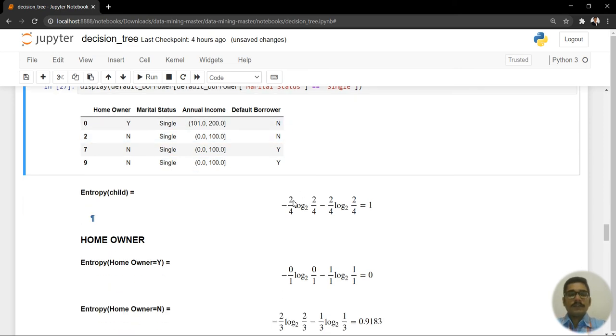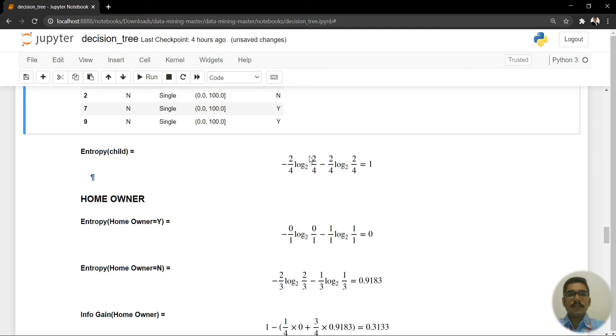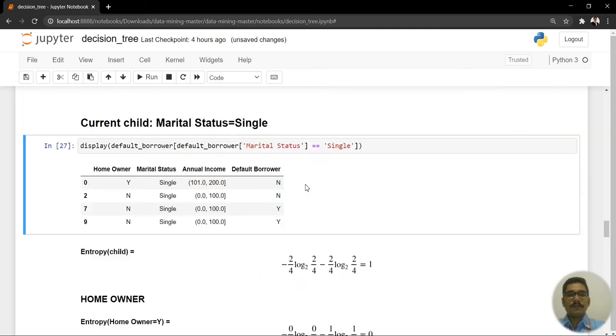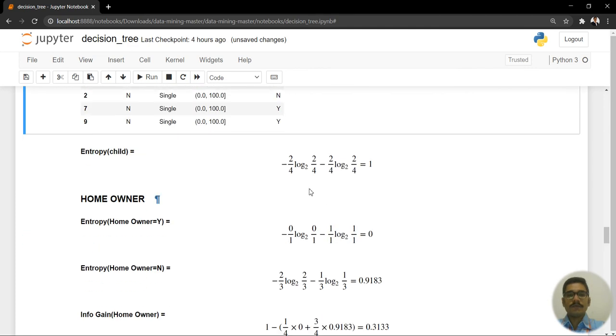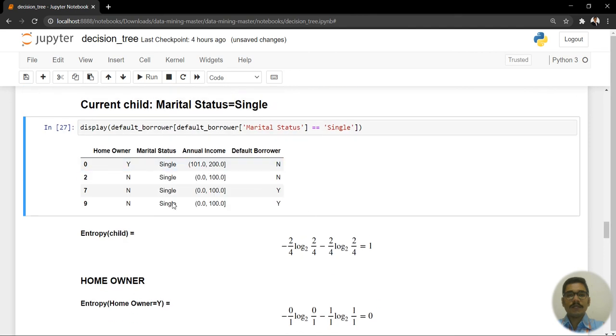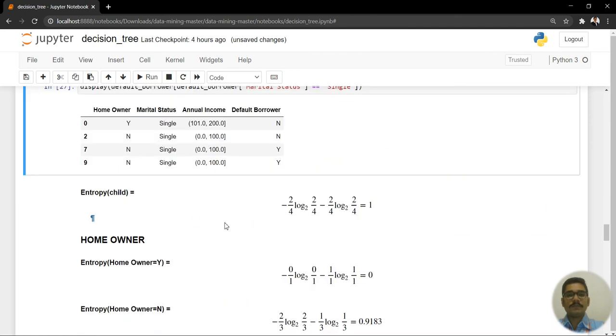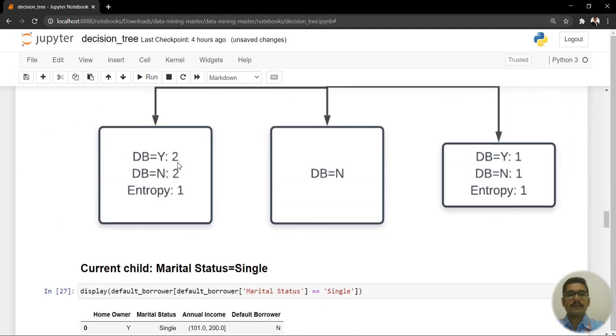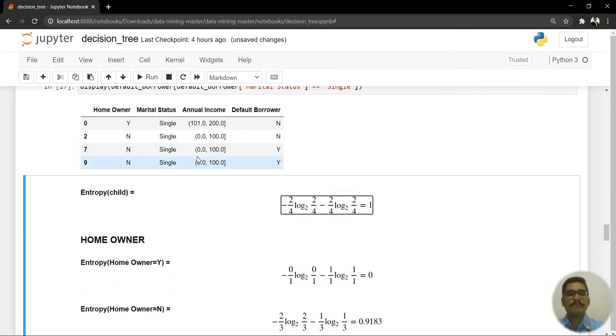So accordingly, we have to calculate the entropy of this particular child. Out of this proportion you calculate the entropy, so entropy will be 1. This is how mathematically it is done, but you can do an eyeballing technique, and just by looking at the proportions of both these classes, when these two are equal, that means your entropy is 1.